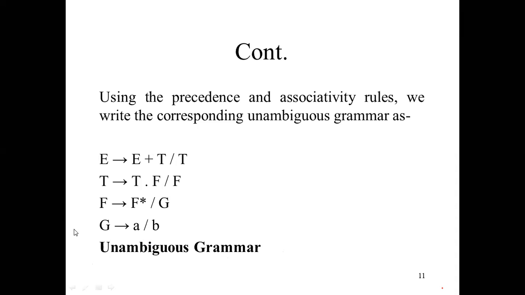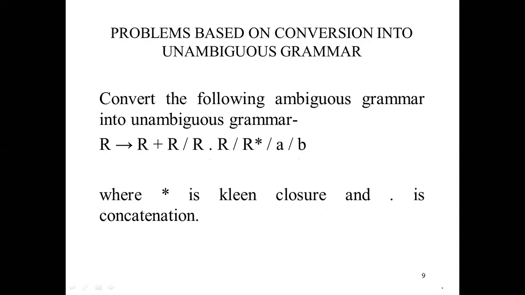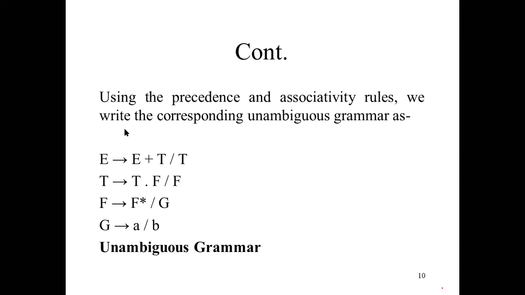And if we use this, we can change the ambiguous grammar into unambiguous. We are following the rules, and we can change this ambiguous, faulty grammar into the unambiguous grammar if we use these rules.